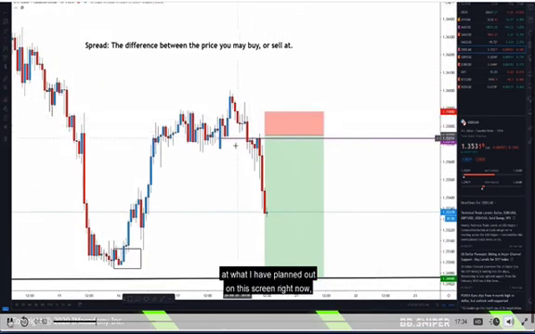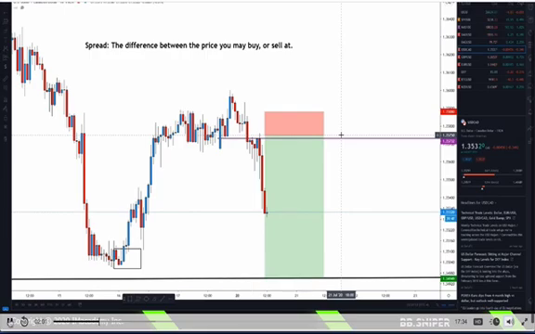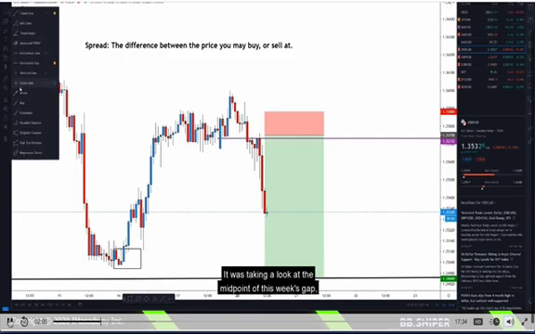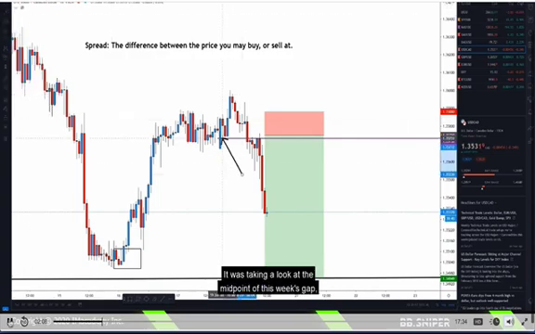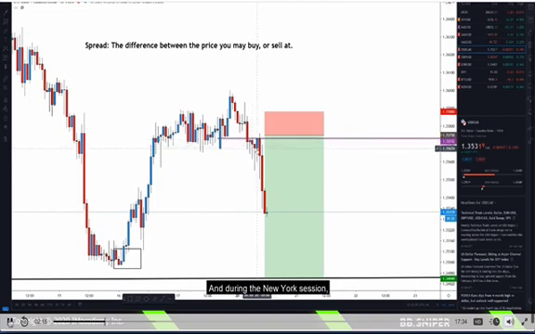If we were to take a look at what I have planned out on the screen right now, a hypothetical entry at the 1.35750 price level on the US dollar Canadian. It was taking a look at the midpoint of this week's gap as of the time of this recording. And during the New York session, what we saw was the market traded up and through that particular price level, and then it has continued to move in the bearish direction.